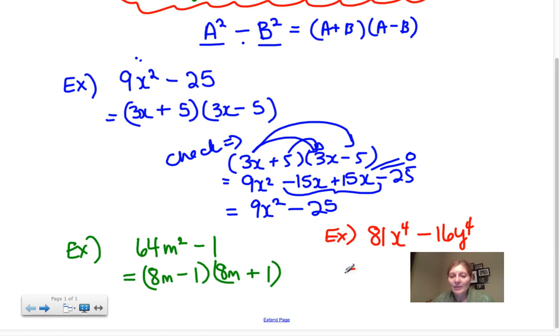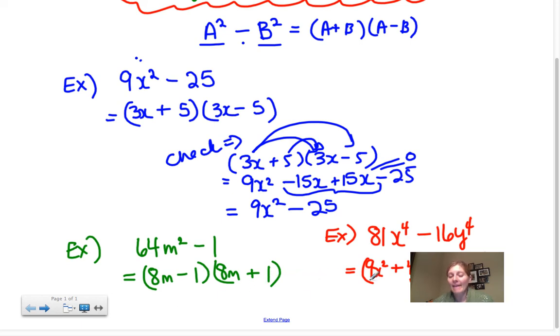What that's going to leave us with is the square root of 81 at the start of each bracket, which is 9, and x to the fourth, which is x squared and x squared. Let's take the square root of 16, put it at the end of each bracket, which is 4, and the square root of y to the fourth, which is y squared, y squared. And then we're going to alternate our plus and our minus sign.